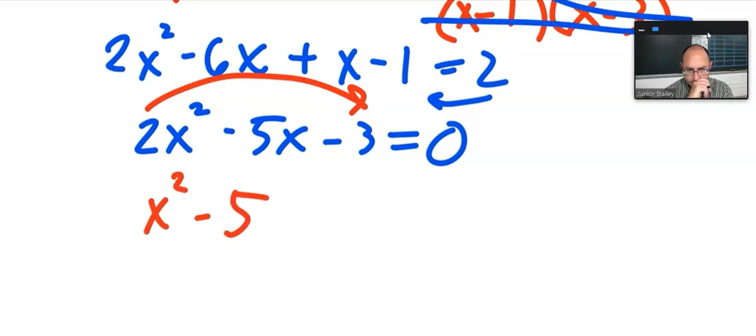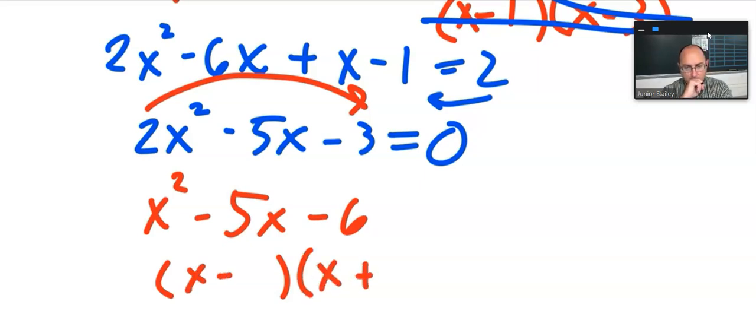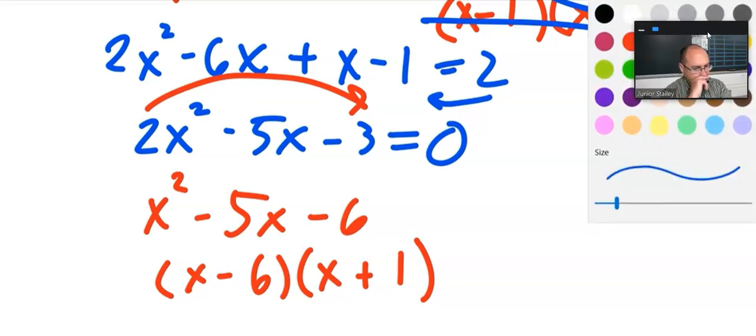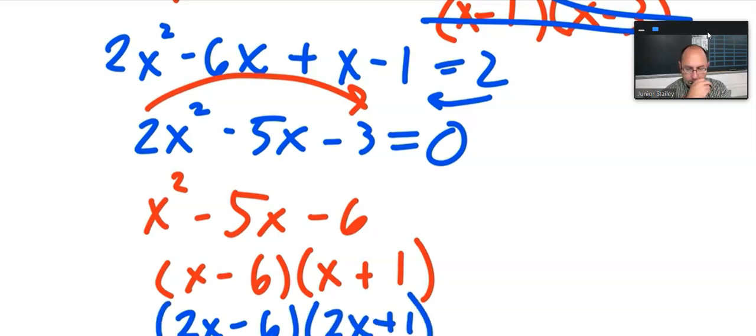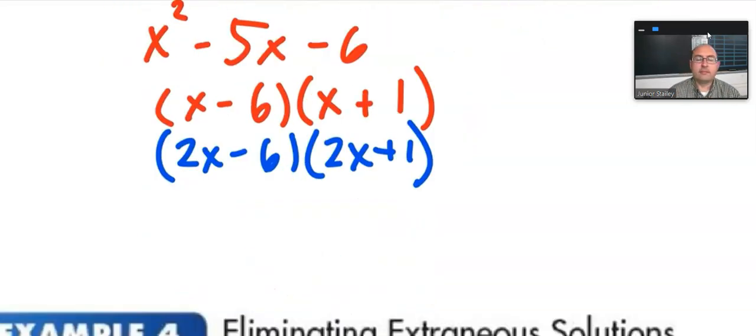This is going to look like a double magic trick, and then we factor it normally. And we would have minus 6 and plus 1. And then back in front of both of the x's comes back our magical 2 that disappeared. Then we look for any GCFs we can pull out and get rid of.